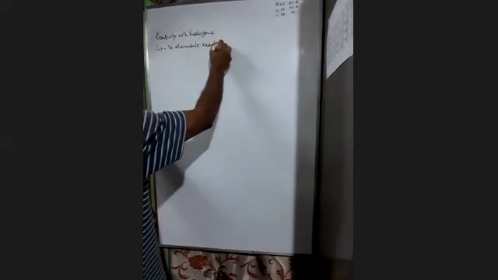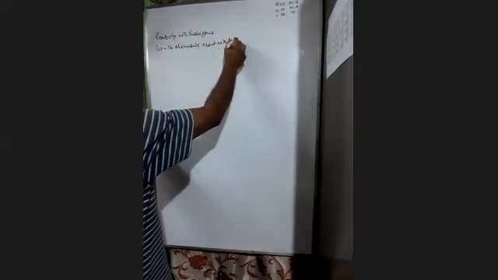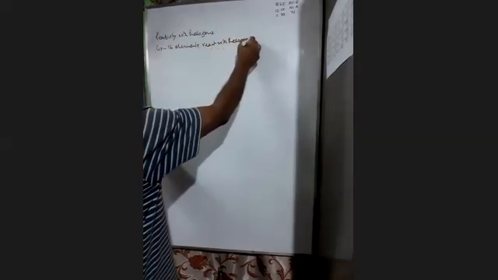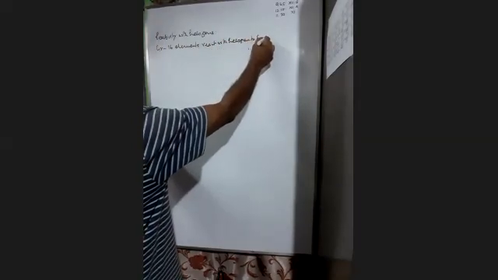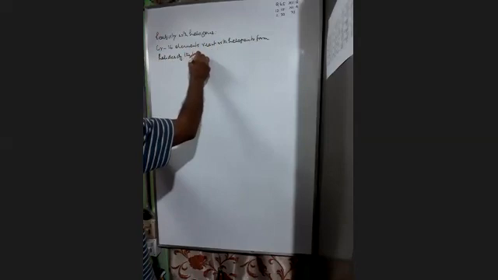So we'll write now here: group 16 elements react with halogens to form halides of the type EX2.